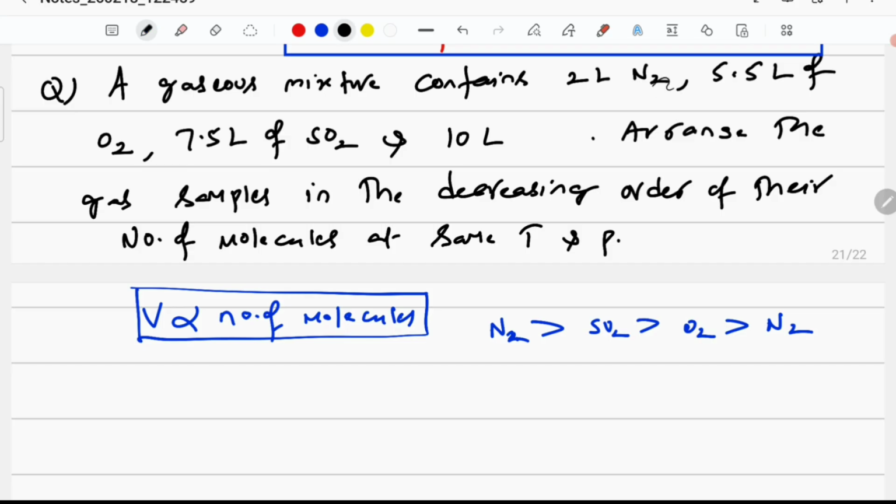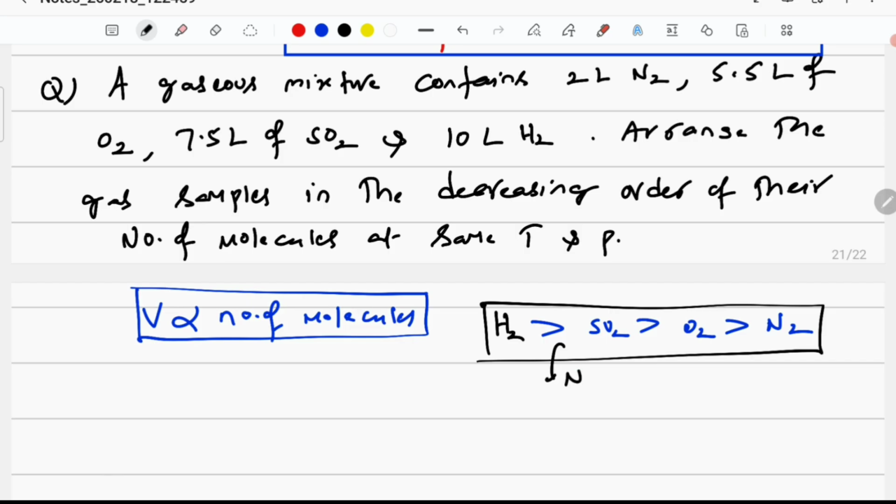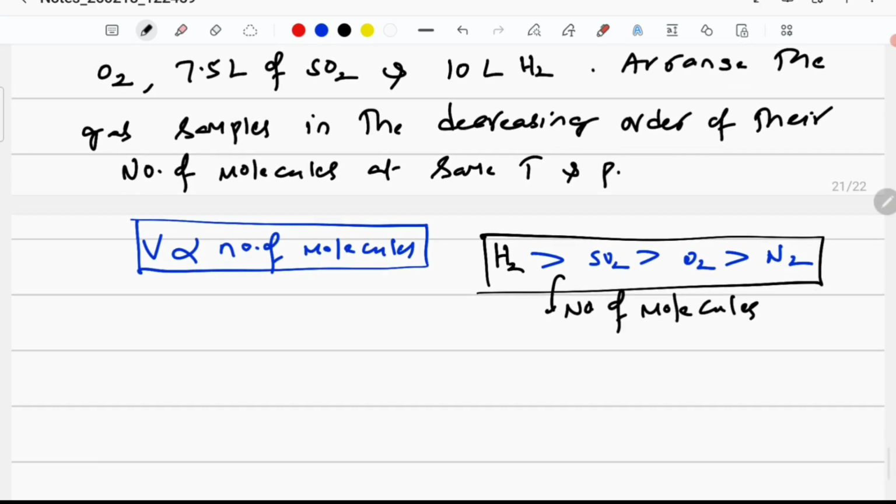In question here nitrogen as well as oxygen, SO2, H2 you mentioned. So here it is hydrogen you mentioned. So hydrogen having maximum number of molecules. Simple. H2, SO2, O2 and N2 based on number of molecules. Or you can say the respective sequence of volume also, as volume is directly proportional to number of molecules.